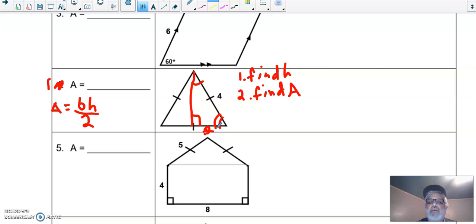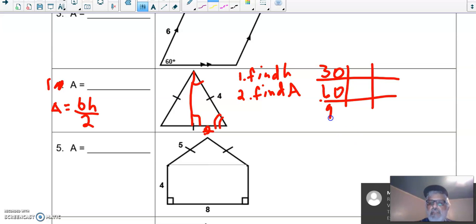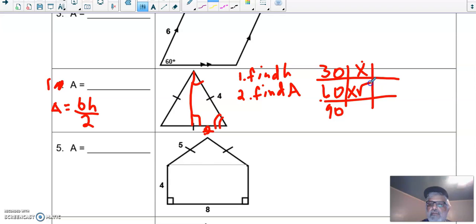So if I use my 30, 60, 90, I'll go ahead and go through those steps. For the 30, 60, 90, that guy is x, this guy is my x square root of 3, this guy is my 2x, and then straight across from this guy is 4, so that is my 90.